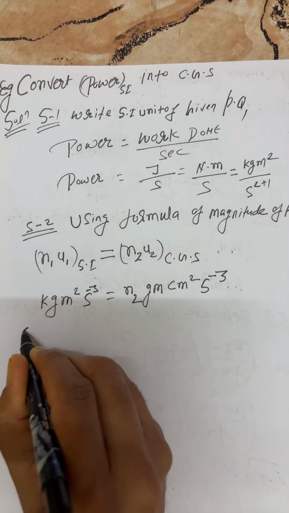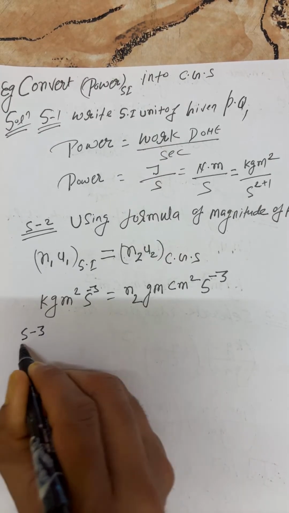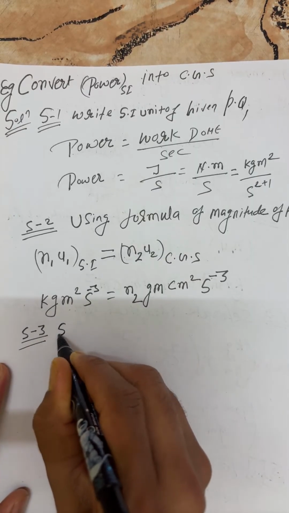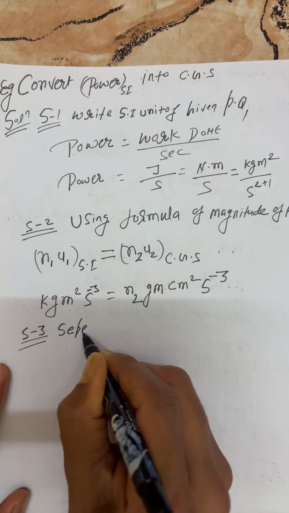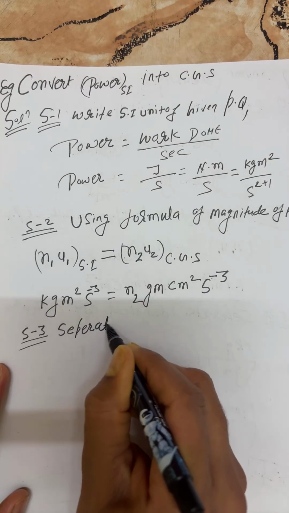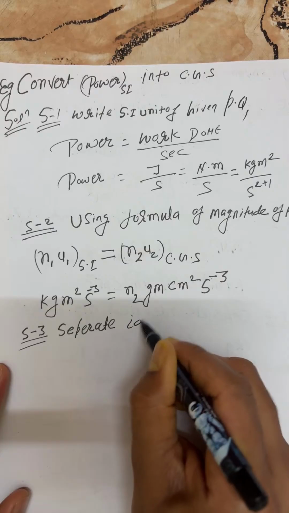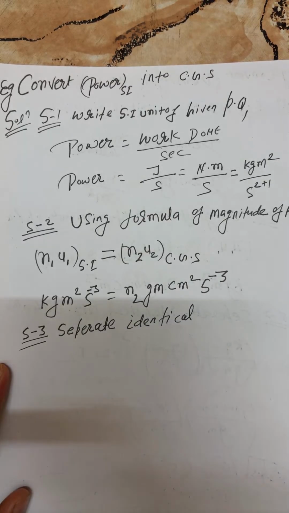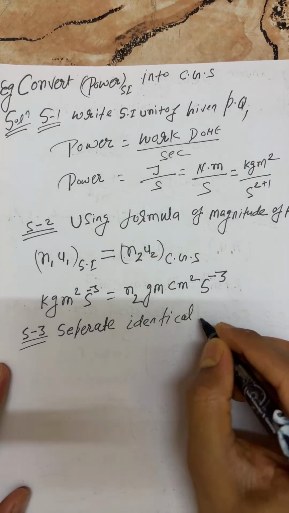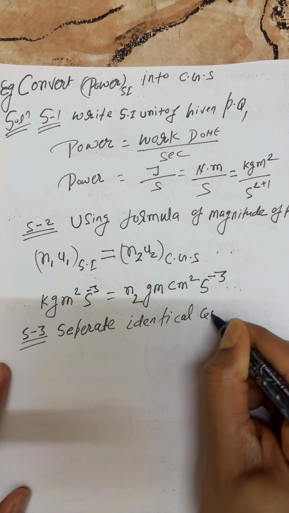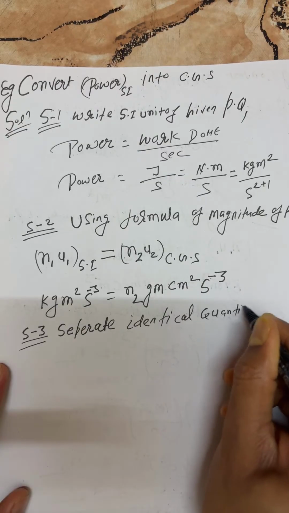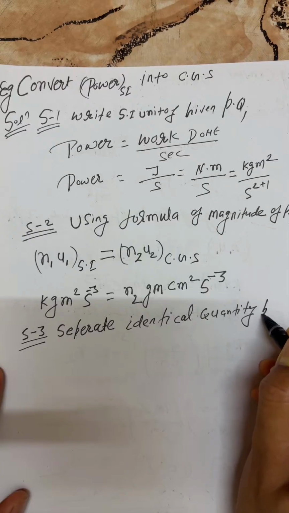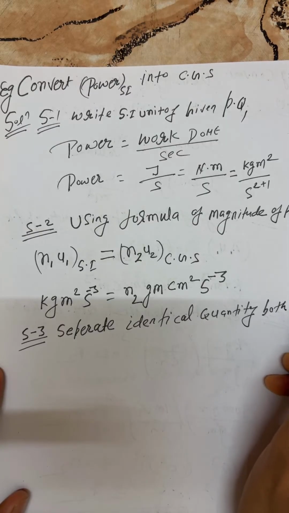Now students, in step third, separate identical quantities on both sides.